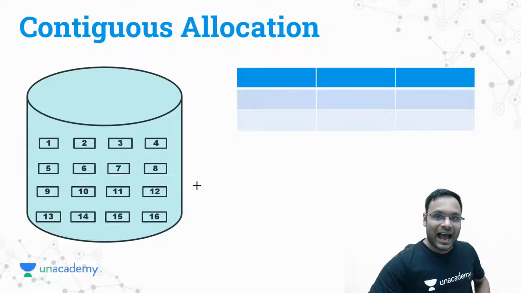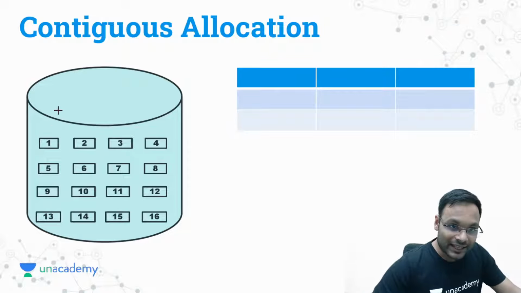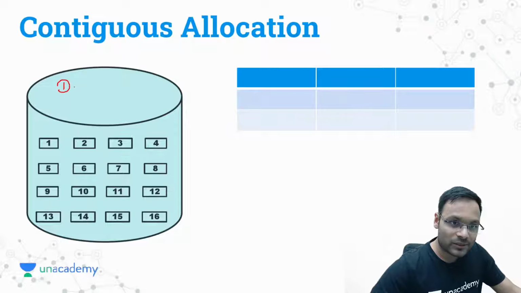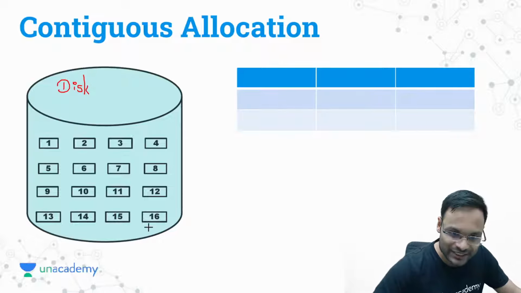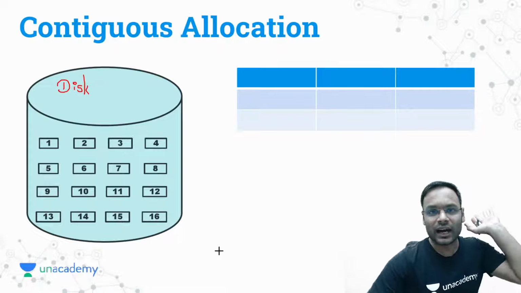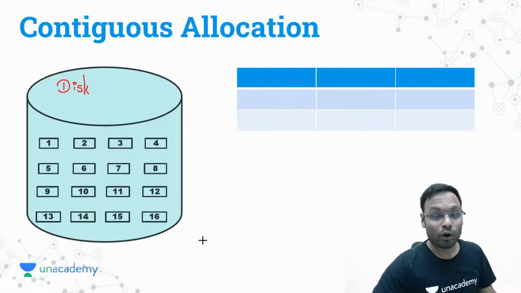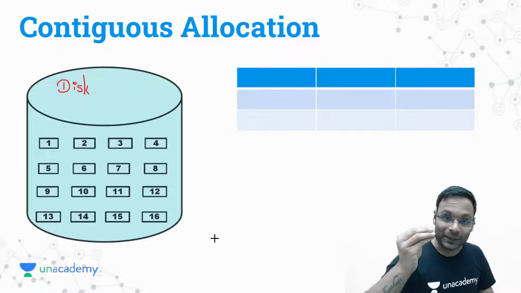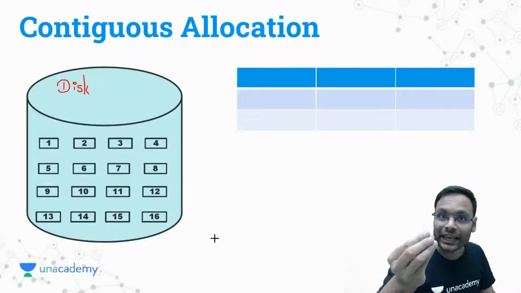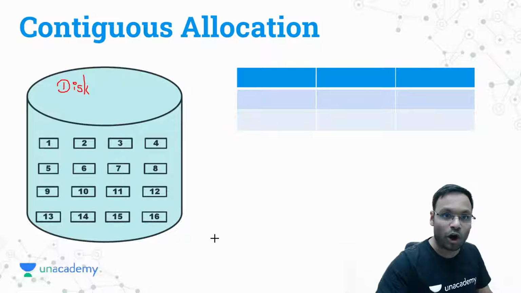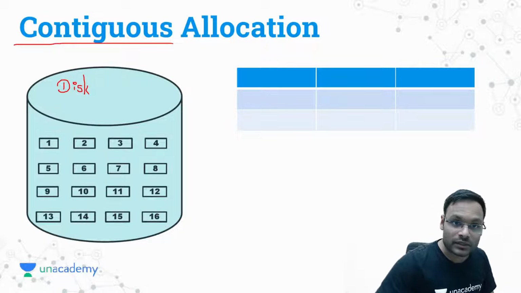I have considered that there is a disk with 16 blocks. I have numbered them 1 to 16 for regular understanding. Now in this disk, if the operating system has to save a file, that particular file should be stored on contiguous blocks.